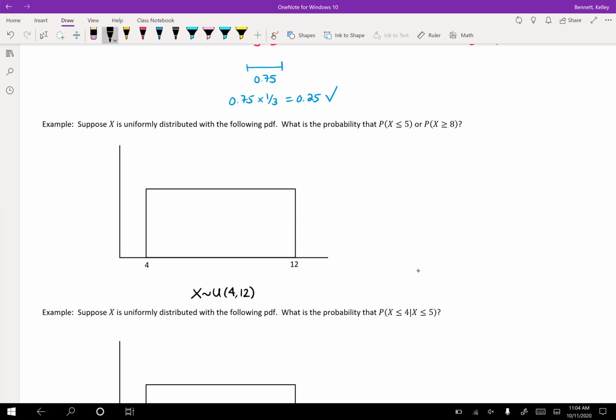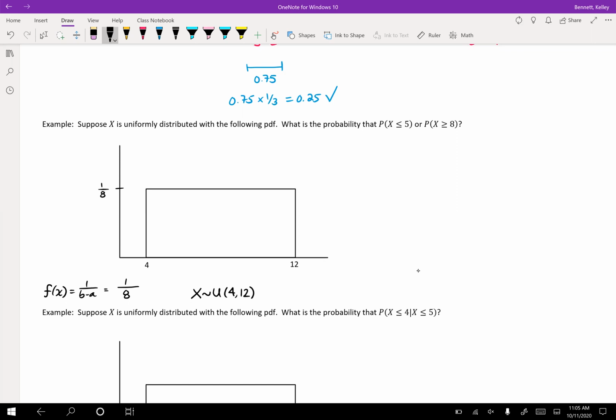And if that's the case, then the height, 1 over B minus A, is going to be 1 over, well, B is 12, A is 4, so that's going to give us 8. So this is 1 over 8.